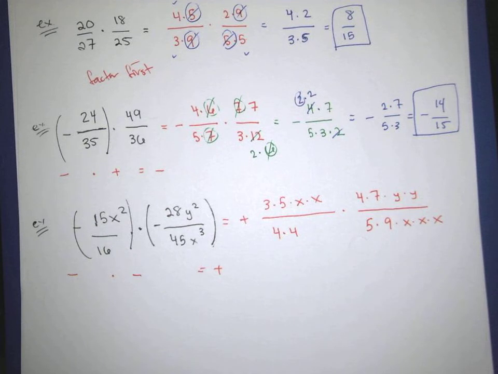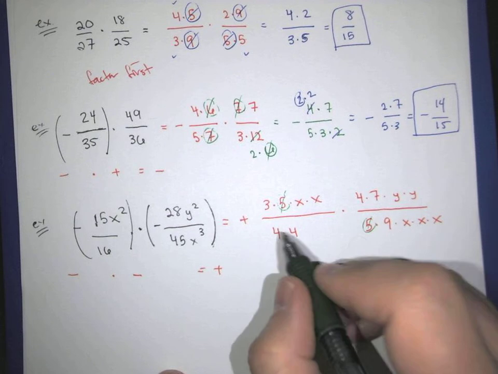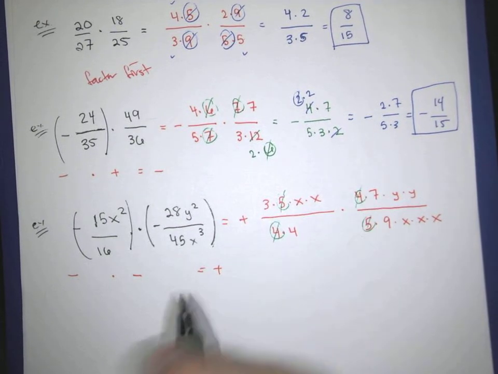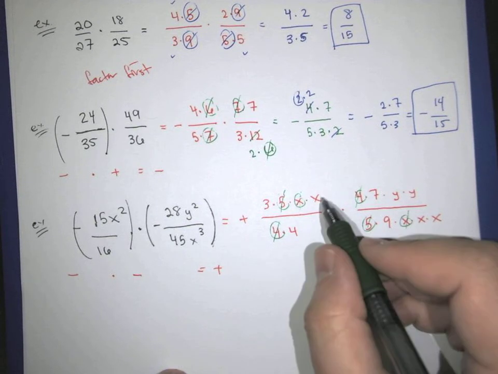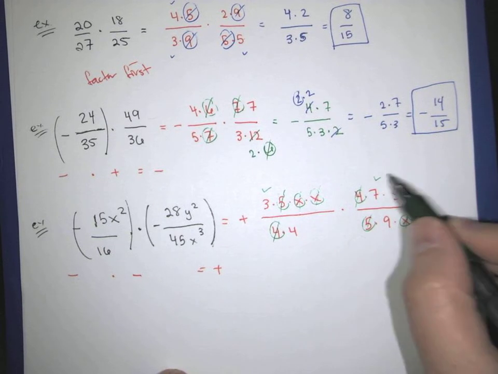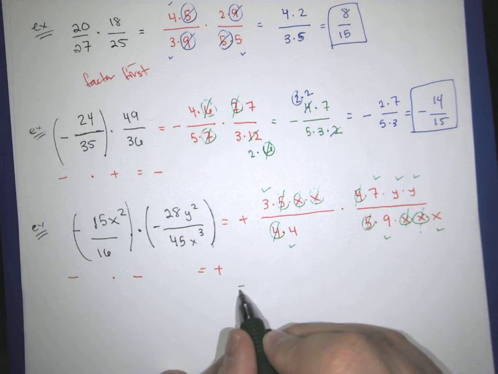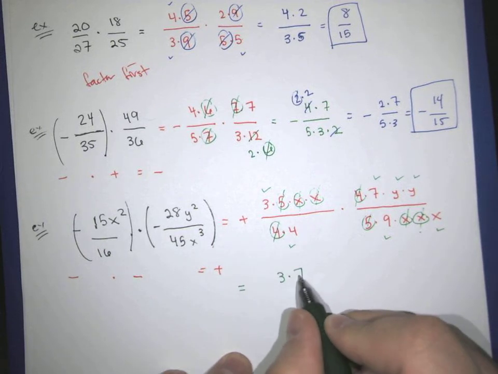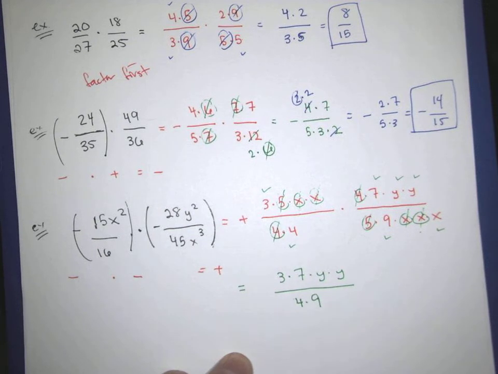So just like we did before, let's cancel everything we can. So numbers, 5 and 5, 4 and 4. And then any variables, in this case, we could do one for one, x and x. So we're left with 3 and 7 and y and y. We're left with 4 and 9 and x. Everything, right, negative times negative is positive. So this is 3 times 7 times y over 4 times 9. 4 and 9 will break down a little bit further.